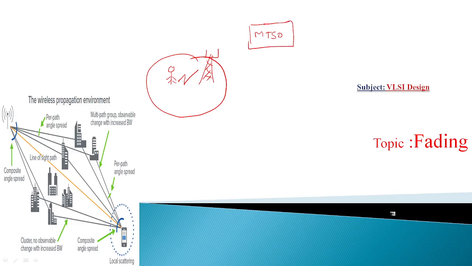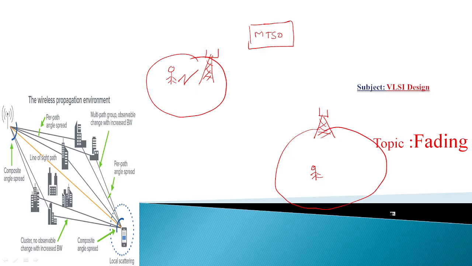By using the number, it will find and connect to the nearest cell site of the receiver. I am assuming the receiver is here, and this is the nearest cell site for the receiver.